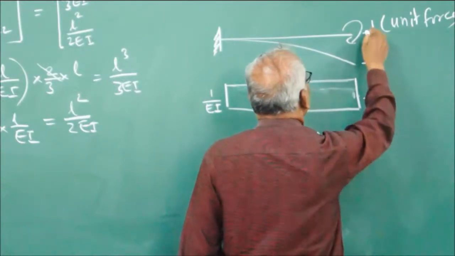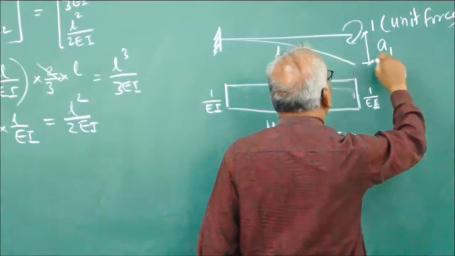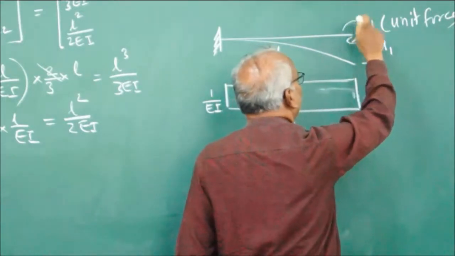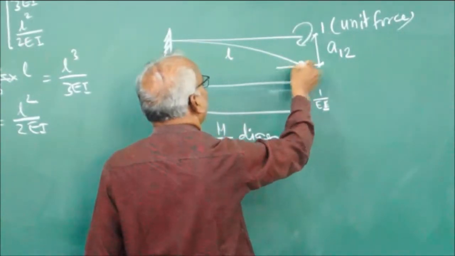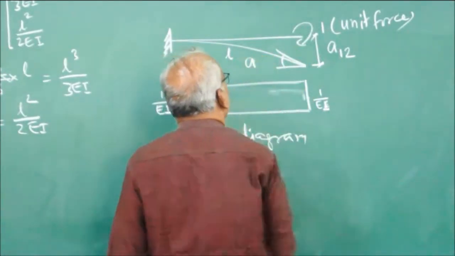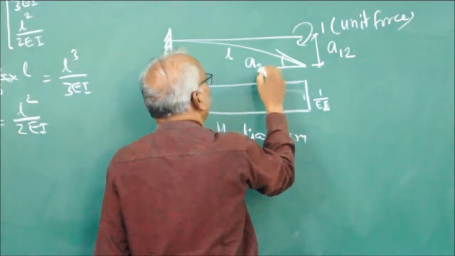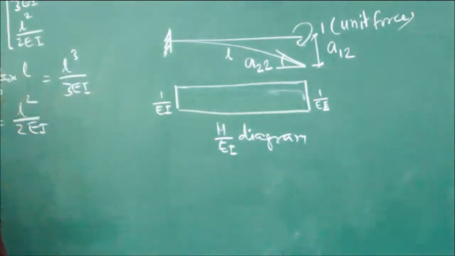This is the displacement along coordinate 1 due to unit force along coordinate 2. Similarly, here this is the displacement along coordinate 2 due to unit force along coordinate 2. So you get A12 and A22.